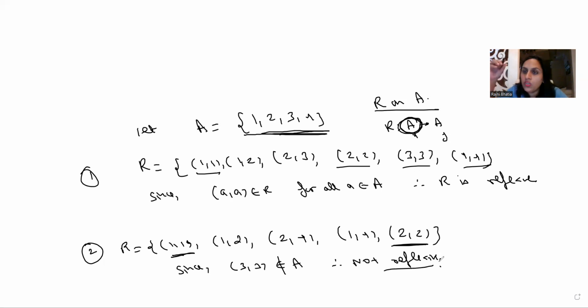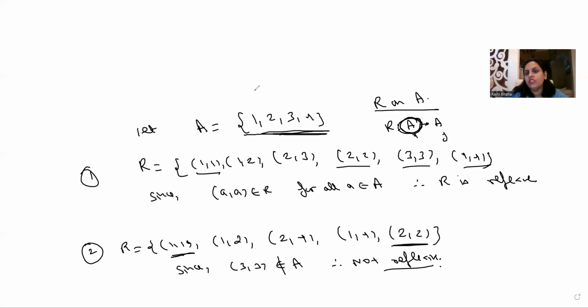So what we need to consider is that if we want to prove that a relation is not reflexive, we have to give an example. And if we want to prove that a relation is reflexive, we have to write the proof in general. In general, we have to write down the proof that since (a, a) belongs to R for all a, we just have to write the definition of reflexive, that since the given relation is satisfying the definition of reflexive, therefore it is reflexive.